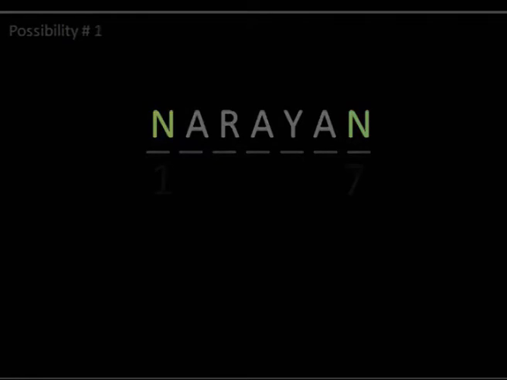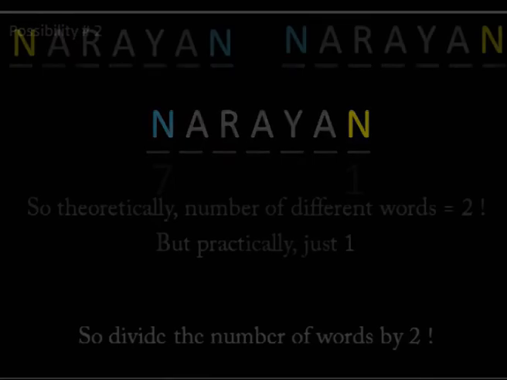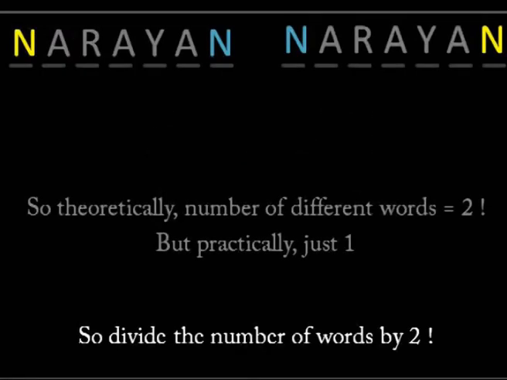Hence, we will have to follow this logic. By simply rearranging the two N's, we get 2 factorial possibilities. These 2 factorial possibilities, although theoretically different, all give us the same word. And we are looking for different words. So whatever be the number of words we are getting, that number should be divided by 2 factorial.